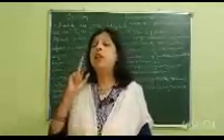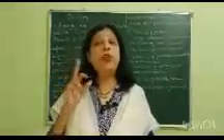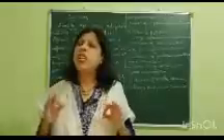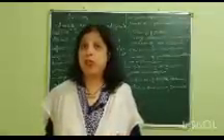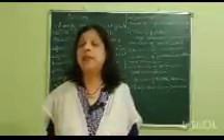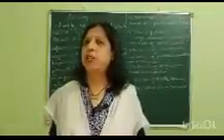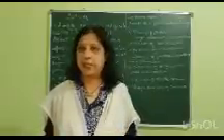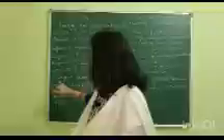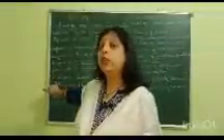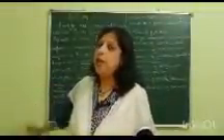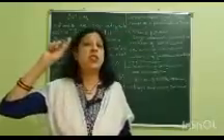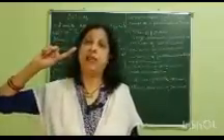Now remember children, before using the articles, you need to be very particular with the sounds, with the phonetic sound. Here you see a uniform. If I'm saying a uniform, my tongue doesn't touch the upper palate.